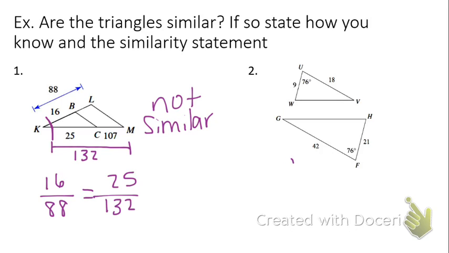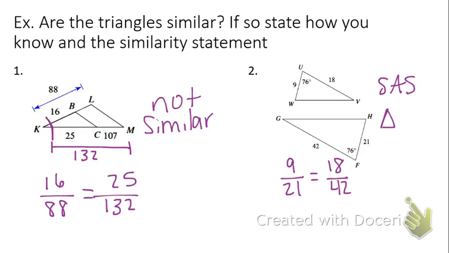So I'm going to say that the 9 matches with the 21, and then the 18 matches with the 42. And then if you type those in your calculator, you see you get the same decimal, about 0.43 or so. So then we can assume that these are similar by side, angle, side.